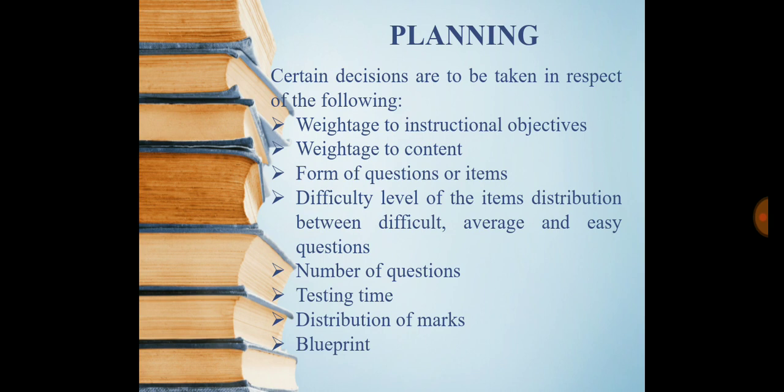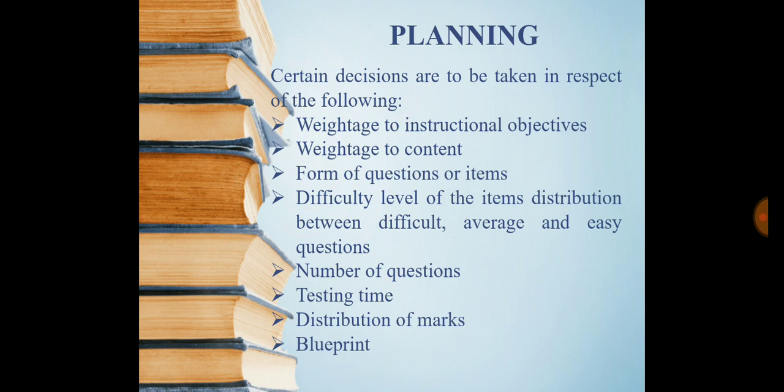Weightage is usually given in the form of percentage. Say, for example, 20% is given to the knowledge criteria, 28% to comprehension, 20% to application, 18% to problem solving, and so on.